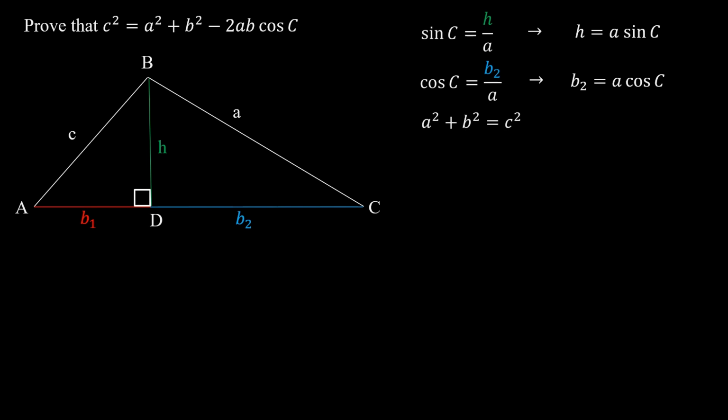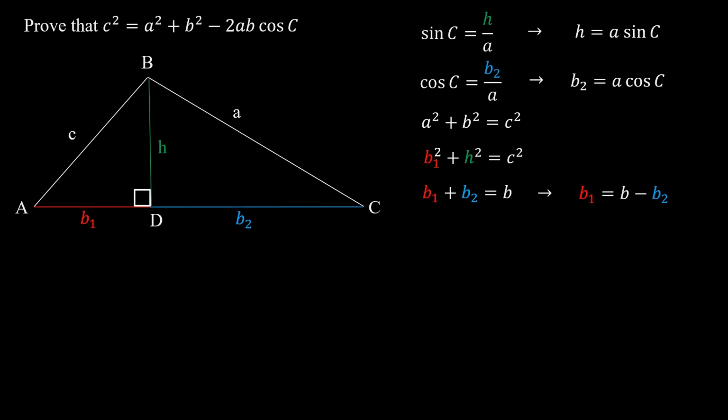Now, by the Pythagorean theorem, we know that a squared plus b squared equals c squared. So we're actually going to switch triangles. We're going to look at ABD, which is this triangle over here. So we know that b1 squared plus h squared equals c squared. And we also know that side b is going to be equal to b1 plus b2.